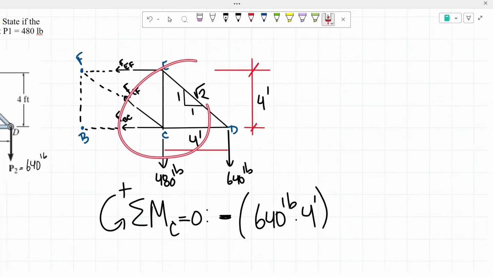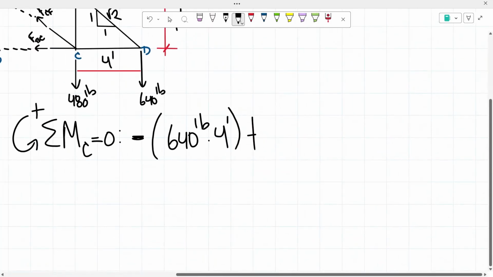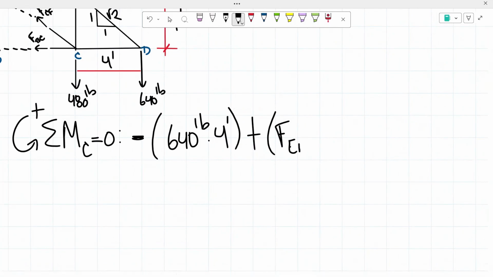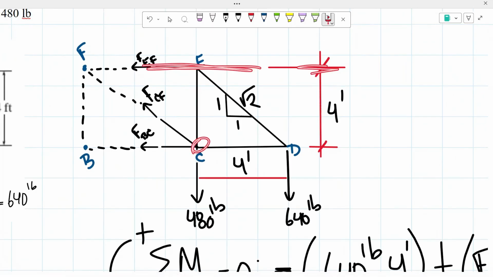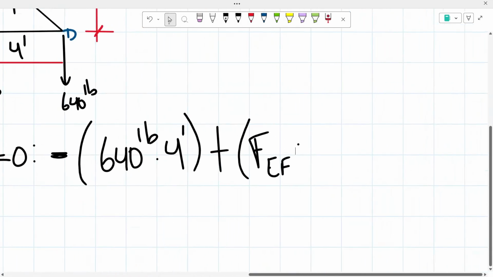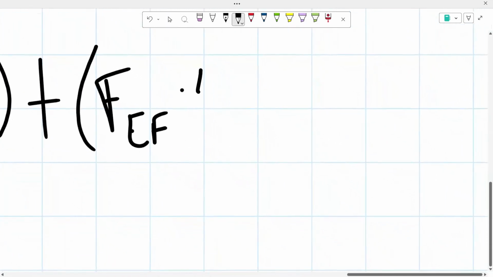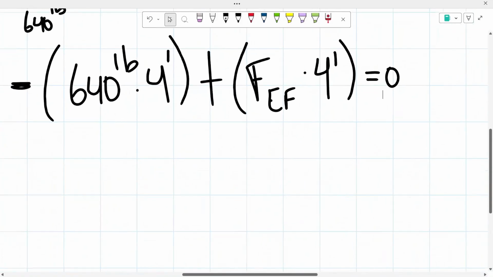We know that's going to be creating then a counterclockwise moment, meaning a positive moment. So a positive moment of our force, that is what we're trying to determine, times the distance. And our distance here is, we have our force right here, and to get to point C, we have a distance of 4 feet. So once again, times 4 feet, all of that has to equal 0.